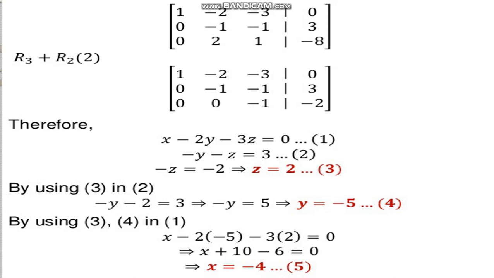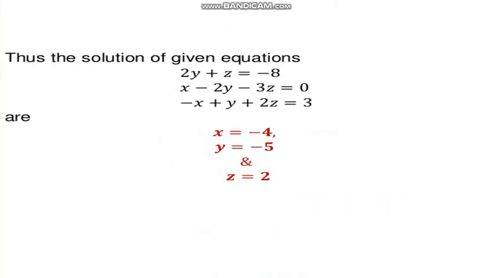Using equation 3 in equation 2, we get the answer for y, that is -5. Using equations 3 and 4 in equation 1, after simplifying, we get the answer for x, that is -4. So the solution of the given equations is x = -4, y = -5, and z = 2.